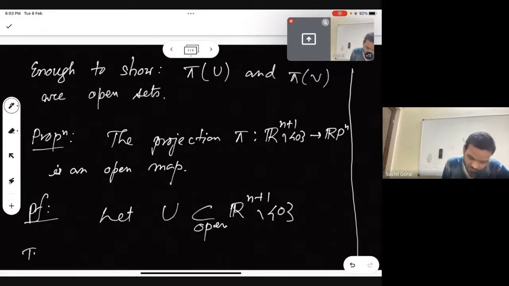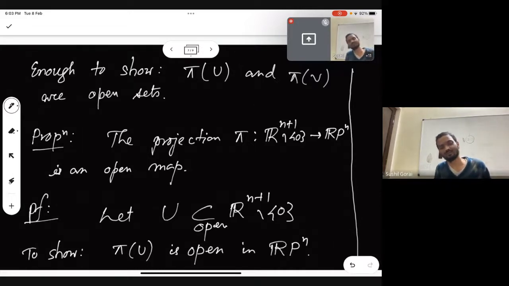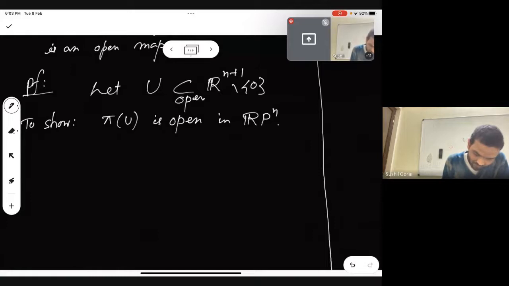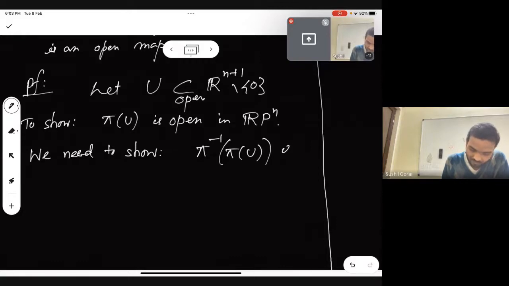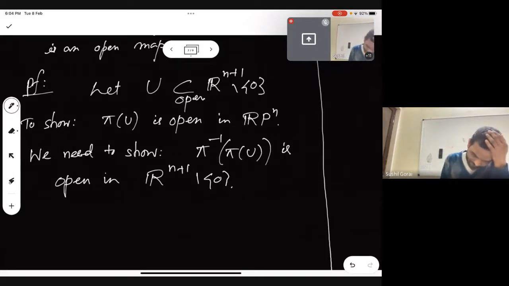To show pi U is open in RPn, we need to show pi inverse of pi U is open in Rn plus 1 minus the origin. Now what is pi inverse of pi U?